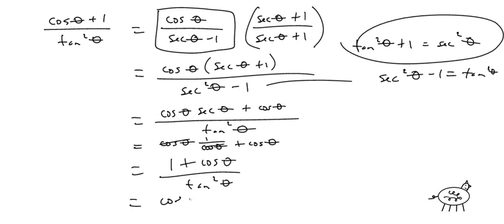It's cosine of theta plus 1 over tangent squared of theta. And I'm going to write that out here. And check. Okay, that's it. That's pretty good. But again, that's one more step, right? Multiply by the conjugate. All right, try another one here. Got a couple more to do with you guys.